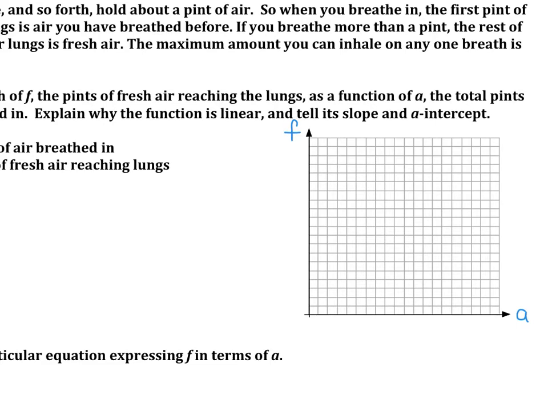So I'm going to scale this axis here. Every 4 squares will be 1 pint. There's 2 pints, there's 3, there's 4. And I'll do the same scale for the number of pints of fresh air reaching the lungs. So every 4 will be 1 pint.